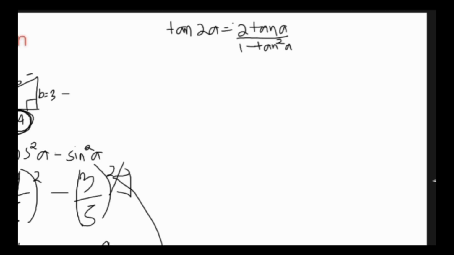Now this is for the tangent of 2a, and we know that tangent is the opposite over adjacent.